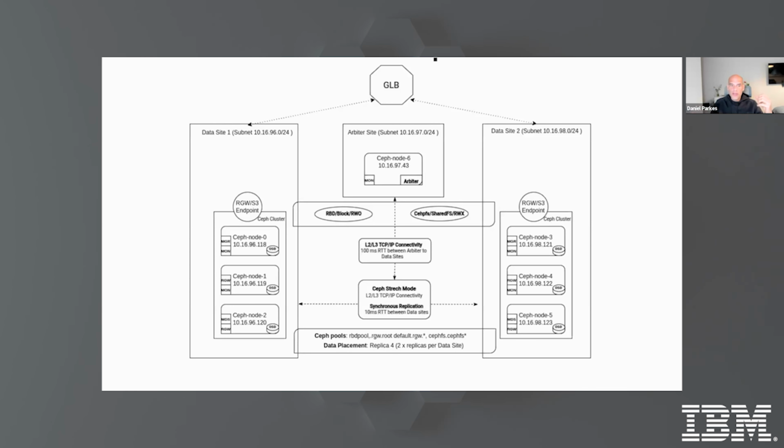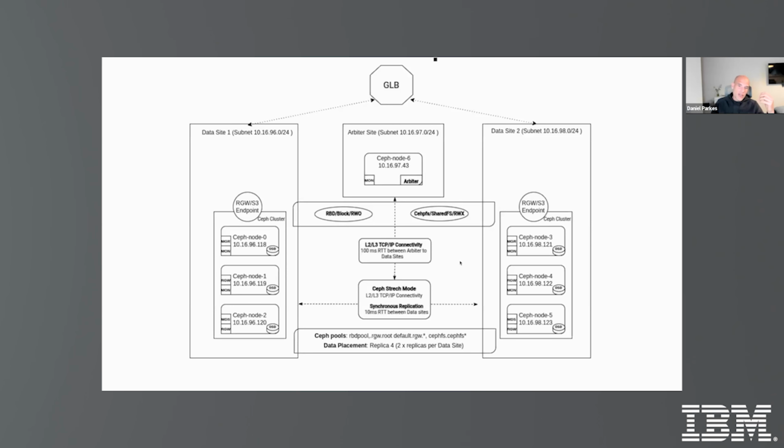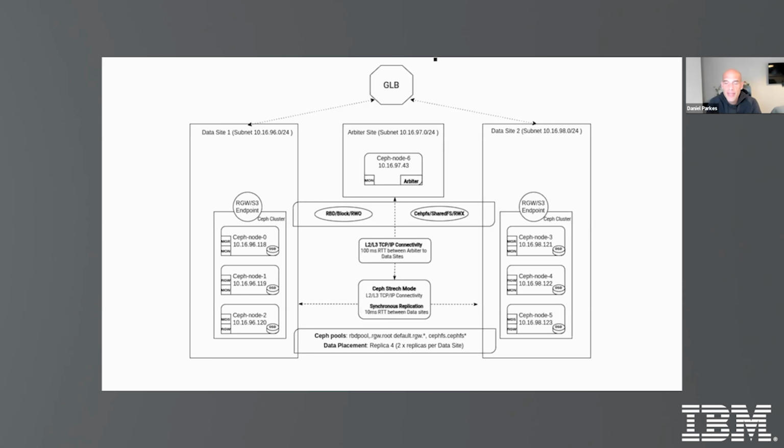So what I need to be sure is that I at least have one RGW running in each of my data centers. So if I lose a data center, I'm going to be able to access through the other one, no? So it's just a couple of things that I will show you in a moment in the deployment that we need to take into account, so we don't have a single point of failure that we created ourselves, no, by not having one daemon, one service on each of the sites. Mm-hmm.